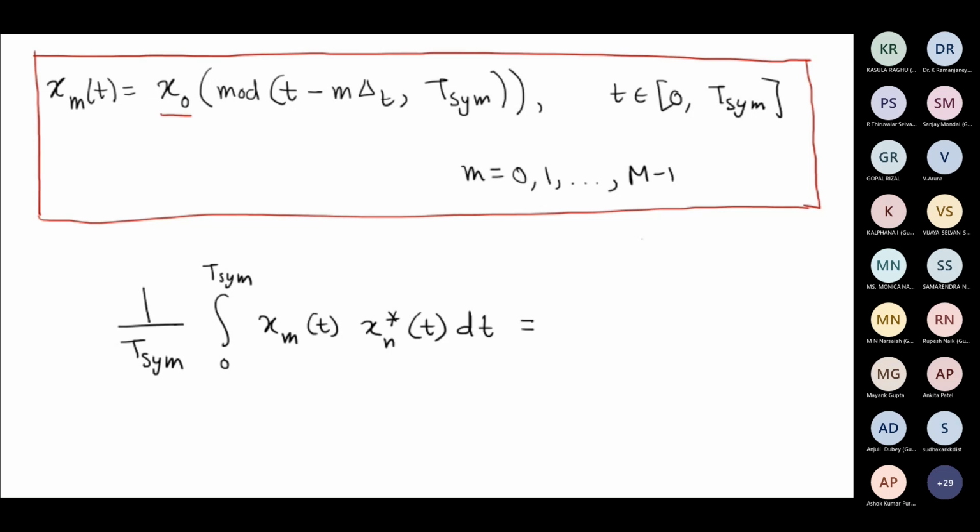If we do this, our result will be written as delta(m − n). Actually, this is a Kronecker delta function. That is saying that this result is 1 if m is equal to n and 0 otherwise. So this is the orthogonality of these modulation symbols that is allowing us to transmit SF bits, or 2 to the power SF symbols, without having one symbol interfere with the other.